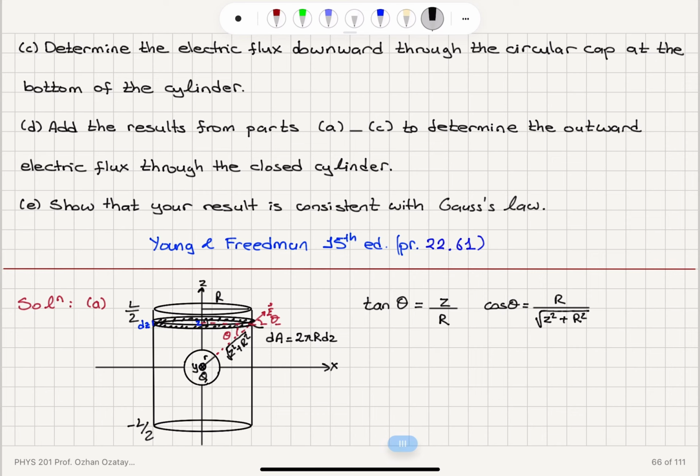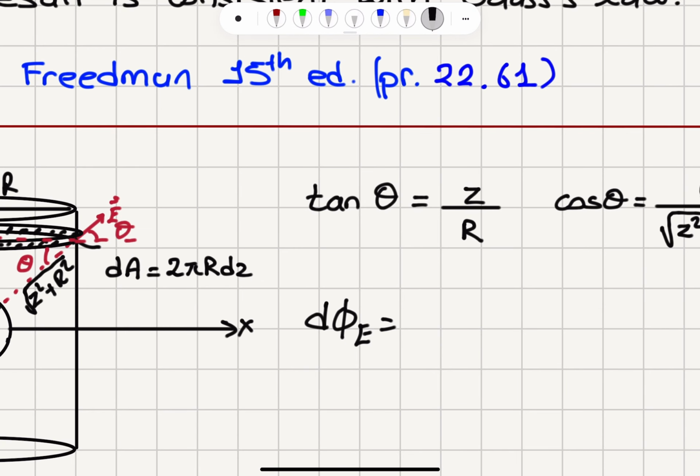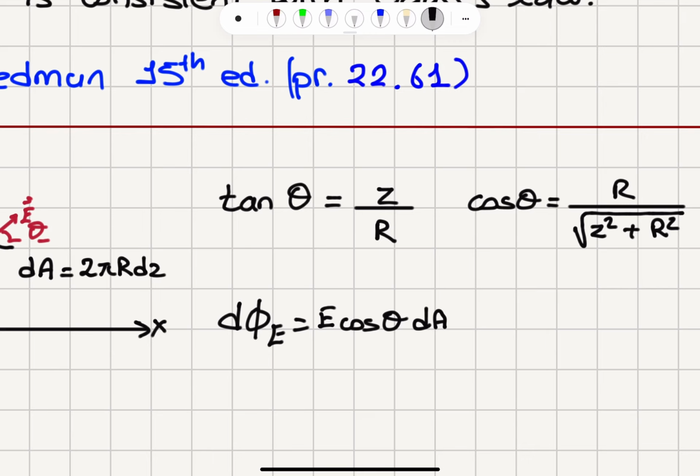So what is the flux d phi E on this area element? It is basically E cosine theta, the component of the electric field which is parallel to the area vector, multiplied by dA, because the area vector is pointing in this direction and the electric field component is in the same direction, so the dot product gives me the product of the magnitudes.